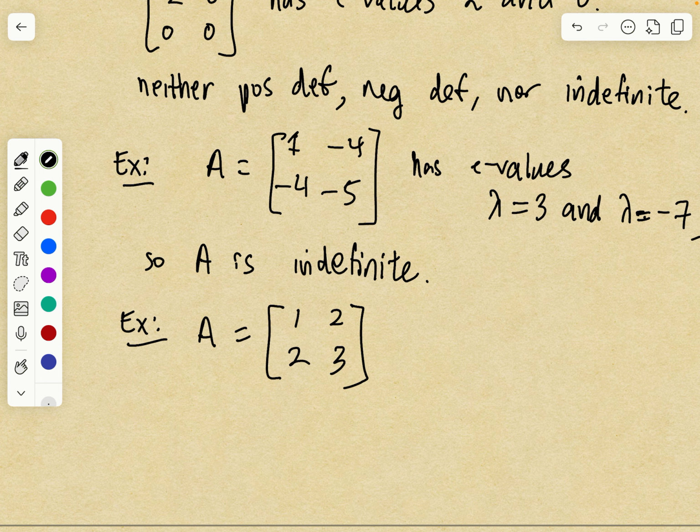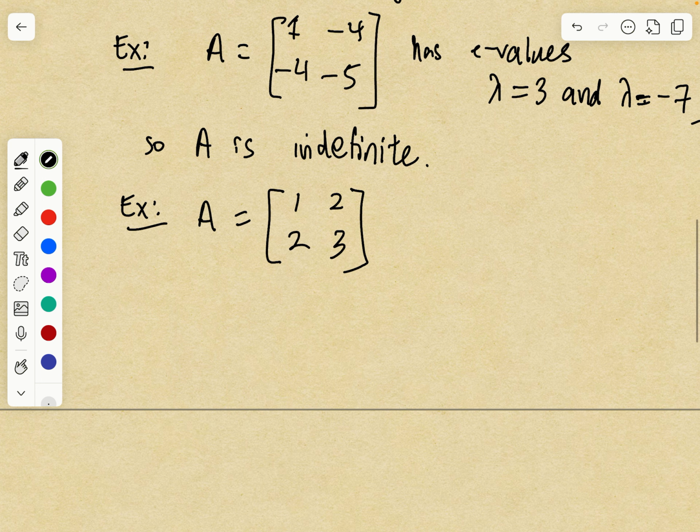But if you look at the eigenvalues, the characteristic polynomial is what? It's lambda squared minus the trace, that's minus 4 lambda, plus the determinant, which is 3 minus 4, negative 1.